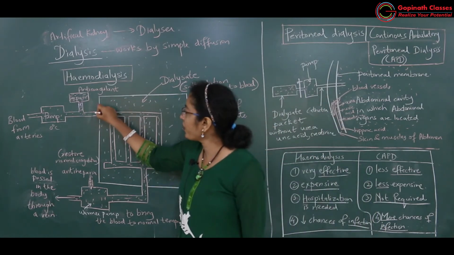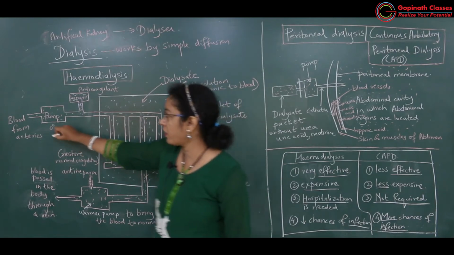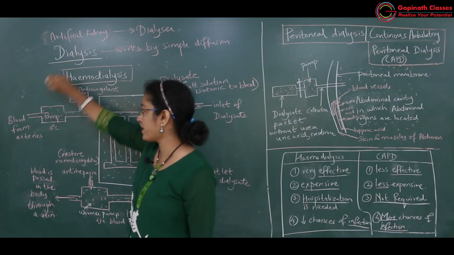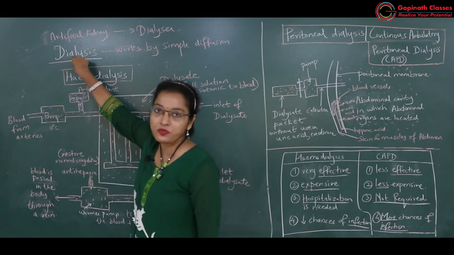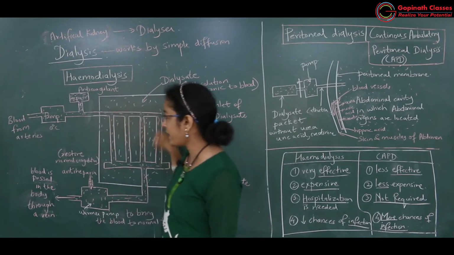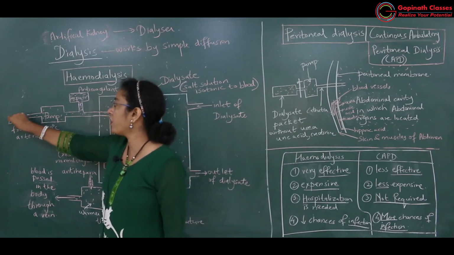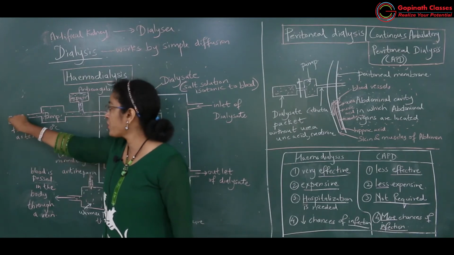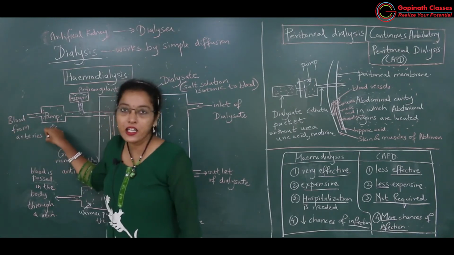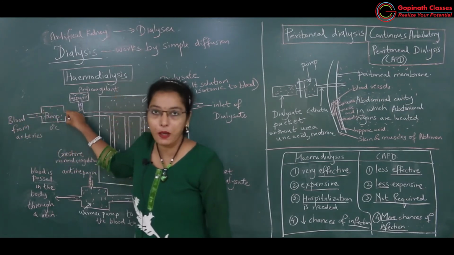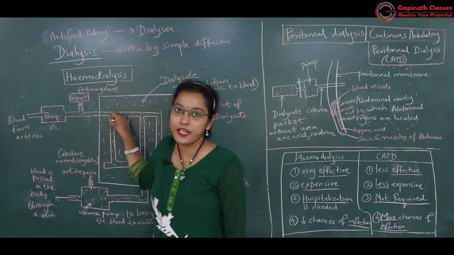Now you can see here, if that person is on dialysis and we want to perform dialysis, we have to connect through the person's arteries. Here the radial artery is connected to the pump of the dialyzer.